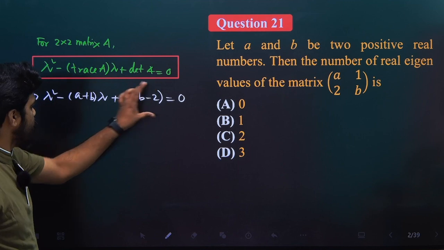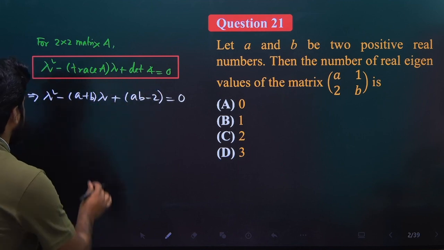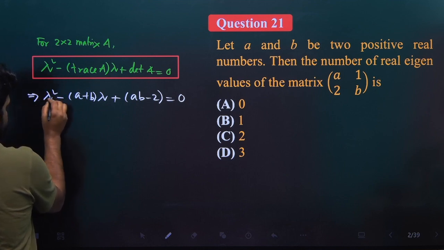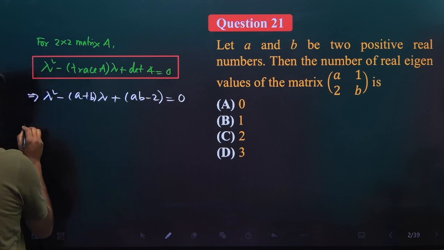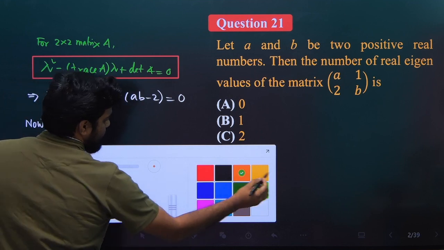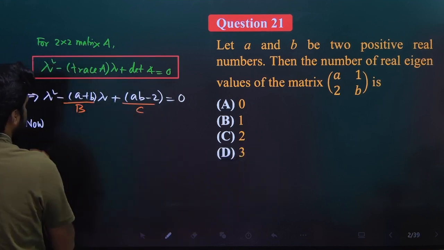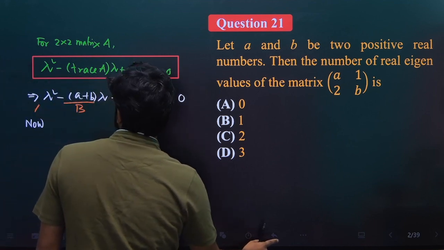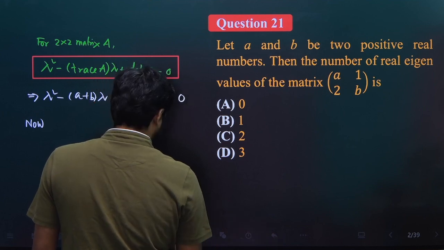Just see, this is a quadratic equation, right? So what is the discriminant? Suppose this is ax square plus bx plus c is equal to 0. So the discriminant is b square minus 4ac, where a is 1, b is minus (a plus b), and c is ab minus 2. So what we get?